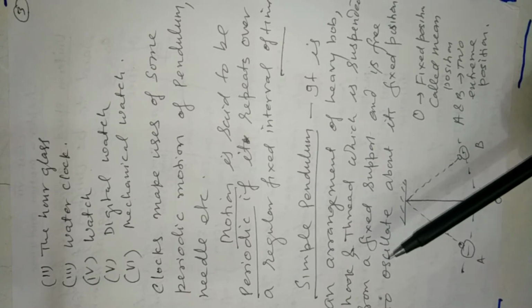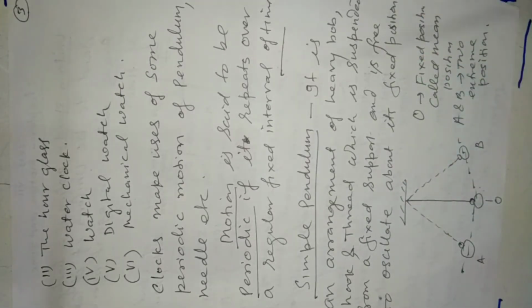So what do we mean by periodic motion? Here I have written: motion is said to be periodic if it repeats over a regular fixed interval of time. If the motion is repeated after a certain interval of time, then the motion is said to be periodic motion. So the motion of a pendulum or needle is periodic.